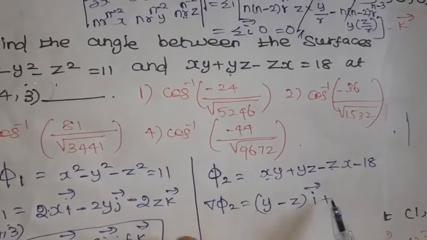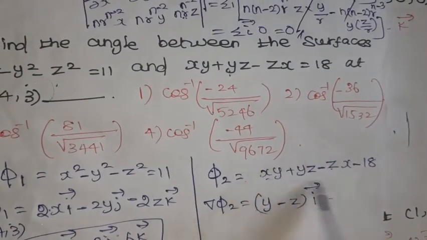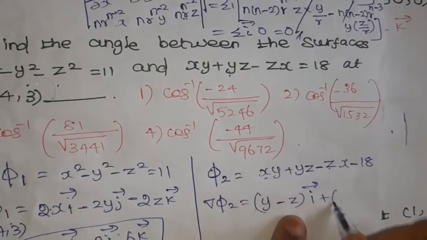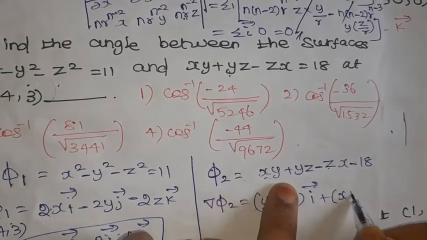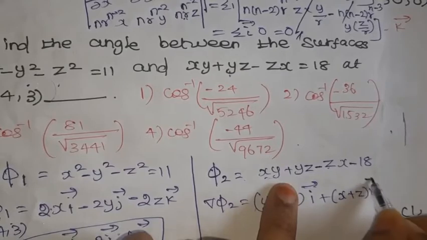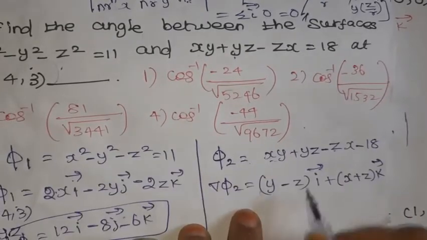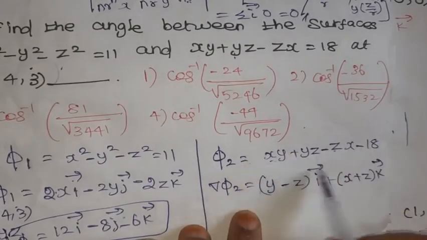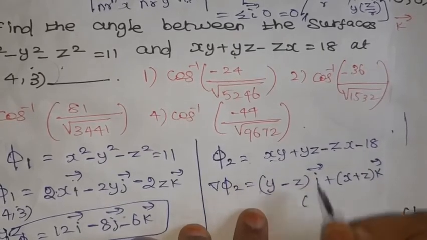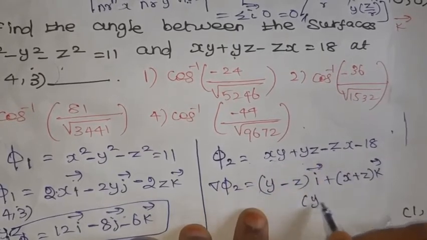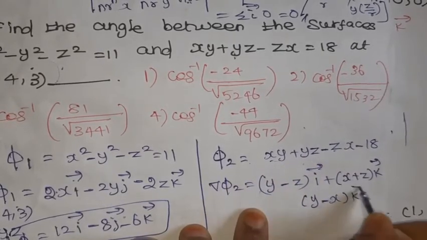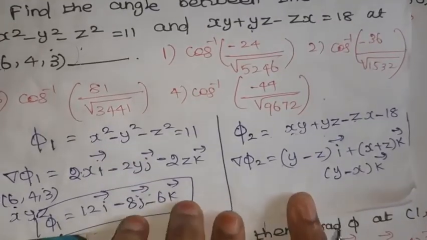Then what is the next one? j into dou by dou y of this term, what will we get? x plus z into j vector. Then dou by dou z of this, what will we get? y minus x into k vector. So this is del phi 2.